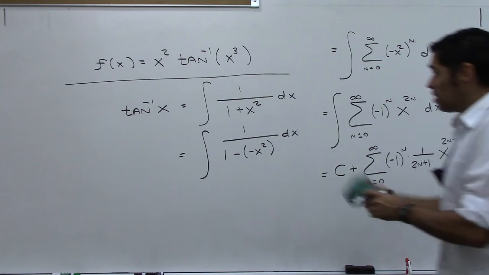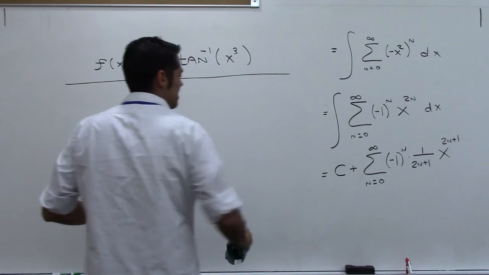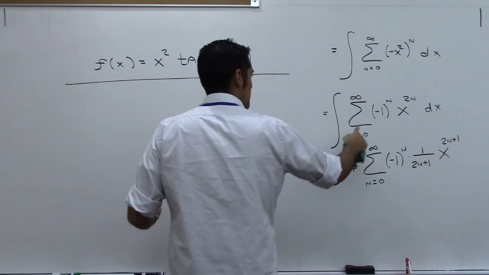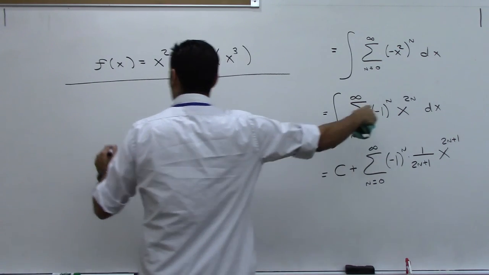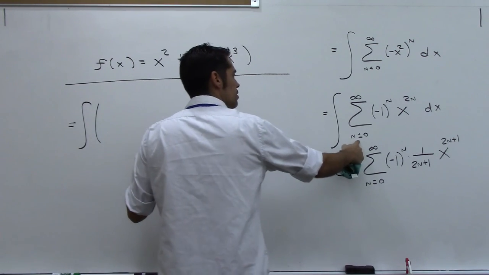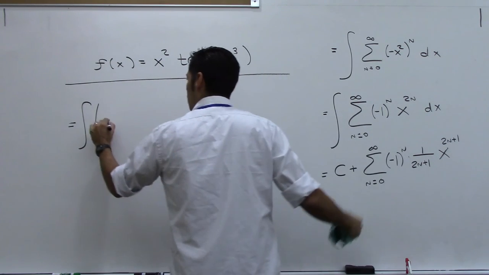Now, I'm going to show you a slightly different way to do that same exact step. I don't know if it's easier, but it's a little safer. I'm going to write out the first few terms. If n is 0, we get 1.